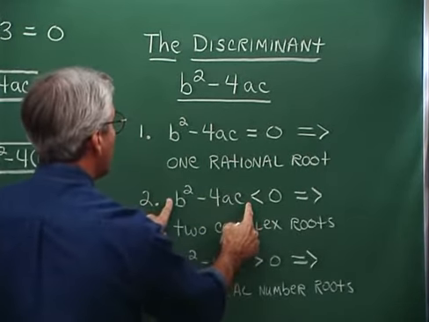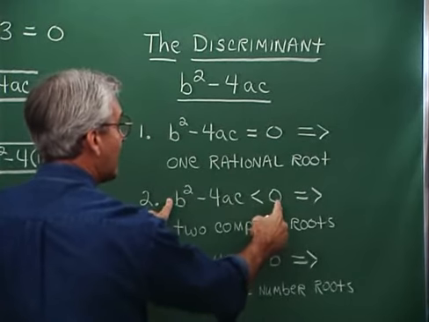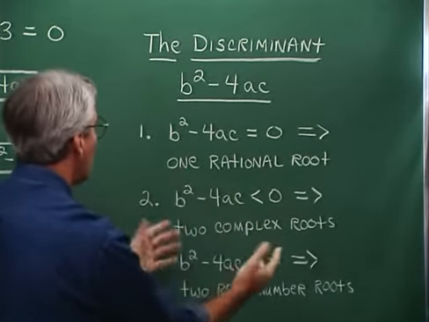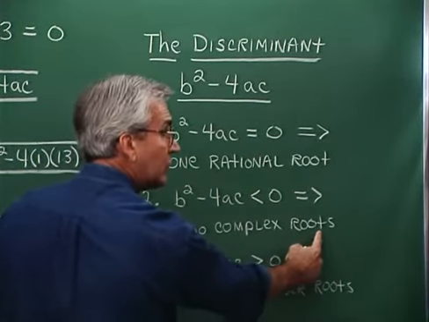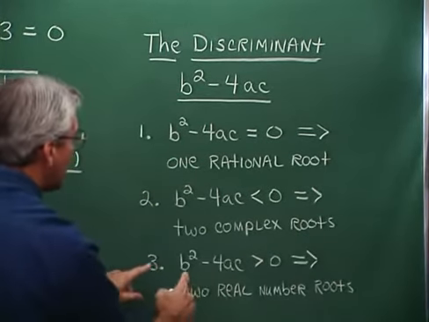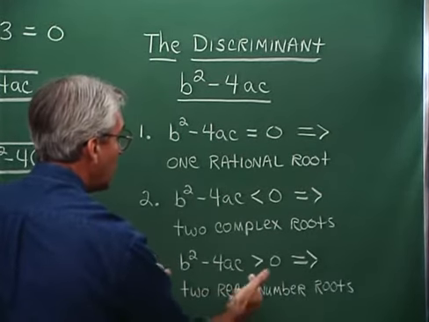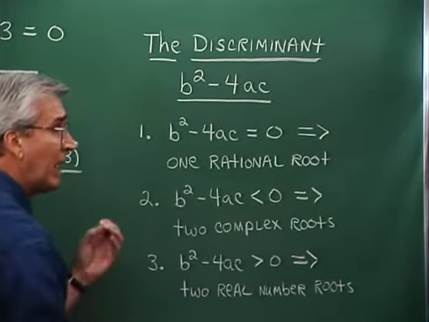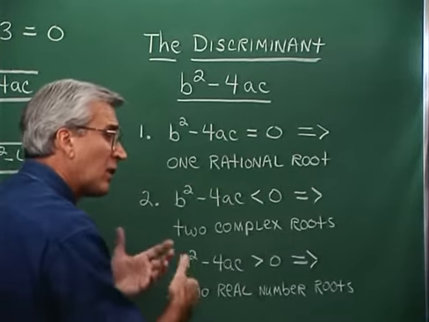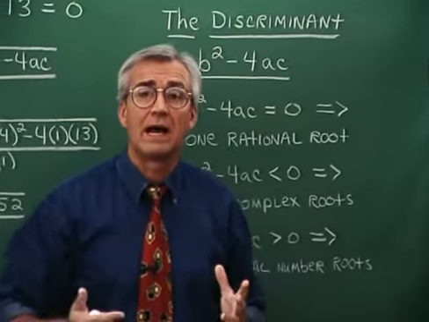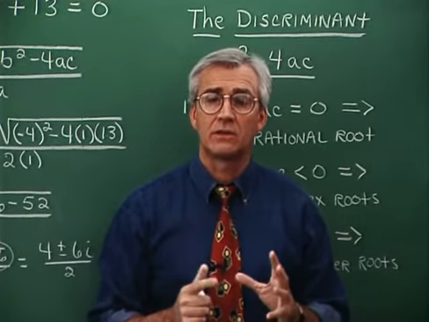If the discriminant is less than 0, if it's negative, we have a negative number under the radical, gee, that gives us an imaginary value, well, we get two complex solutions, or roots. If the discriminant is positive, then we get two real numbered roots, and if it's a positive square, we get those roots happen to be rational numbers. So we can tell a great deal about the situation just by looking at the discriminant.